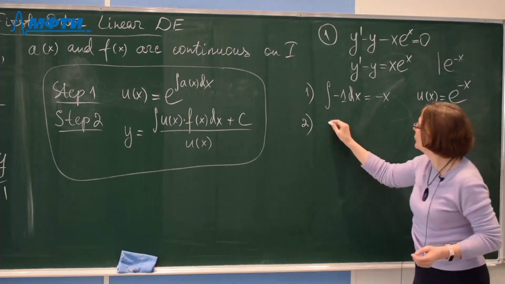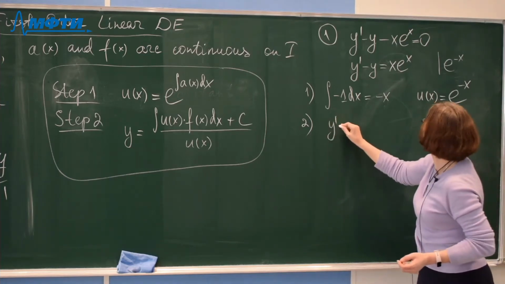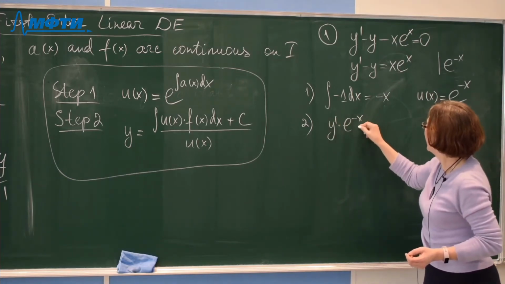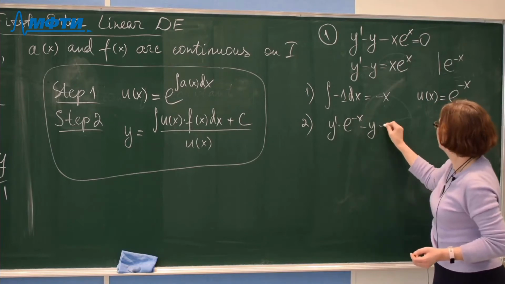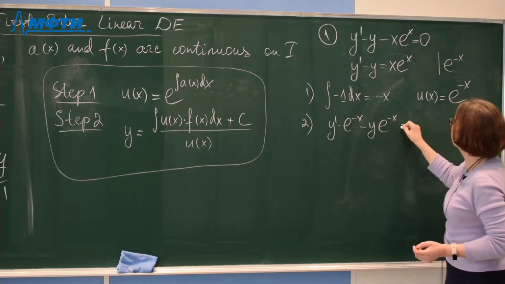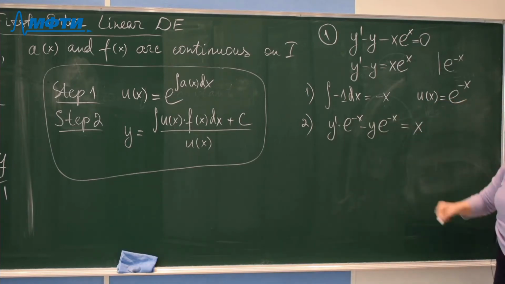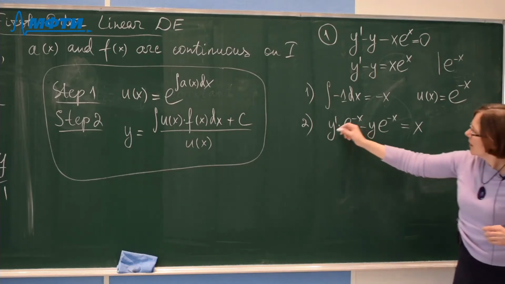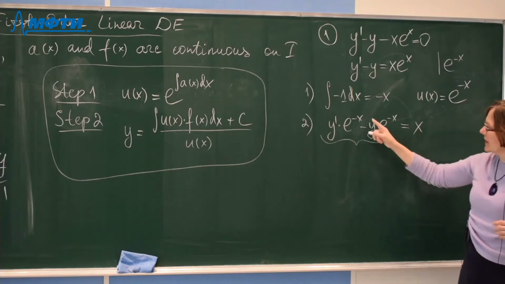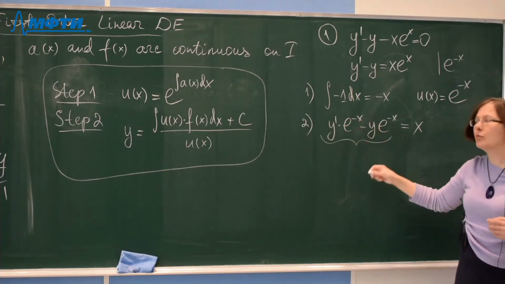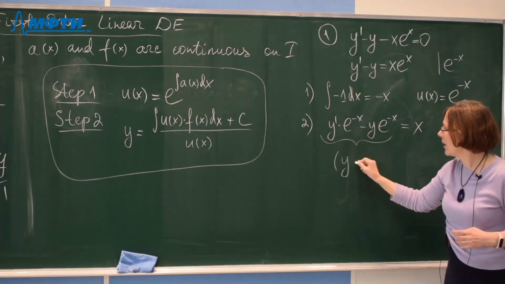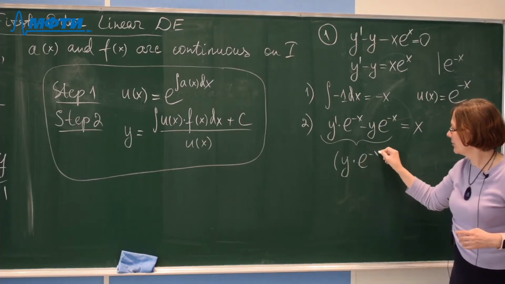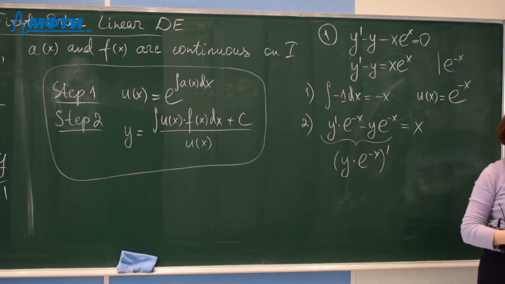And we will get the following: y prime times e to negative x minus y times e to negative x equals just x. And we should notice that this is the derivative of y times e to negative x, right?